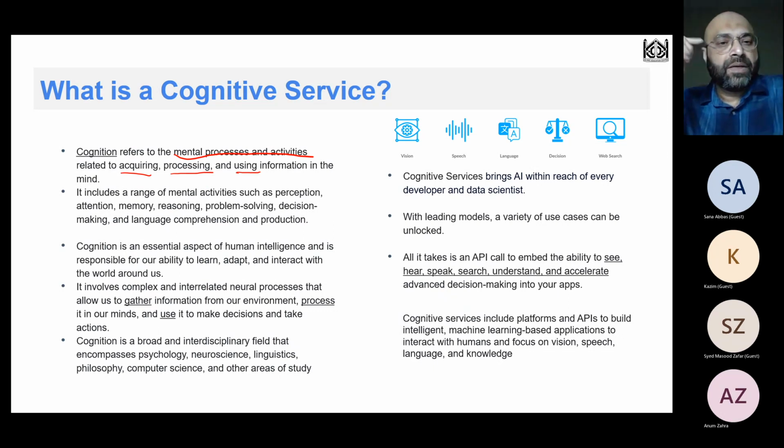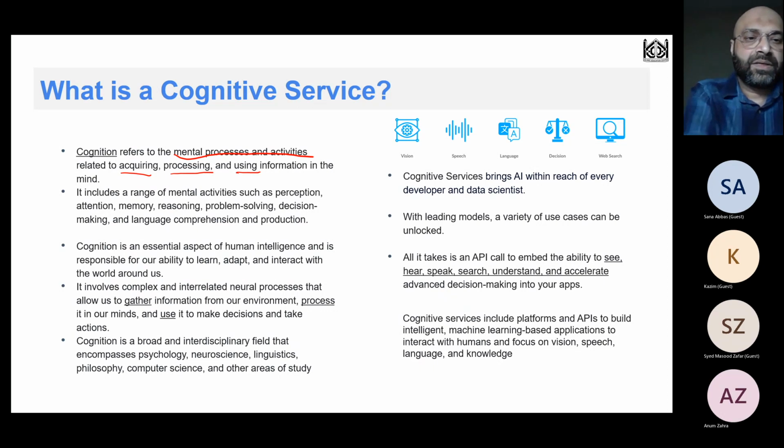So in my mind, I acquire information either through my eyes or through my ears, then process it in my mind, and then use that information for certain purposes. That's the base definition of cognition, and it includes a range of mental activities like perception, attention, reasoning, problem solving, decision making, and language comprehension and production.